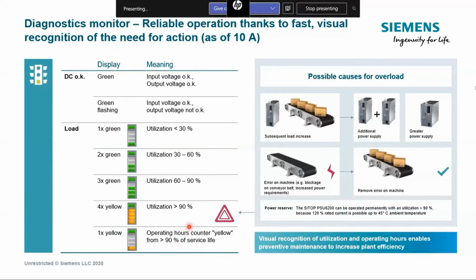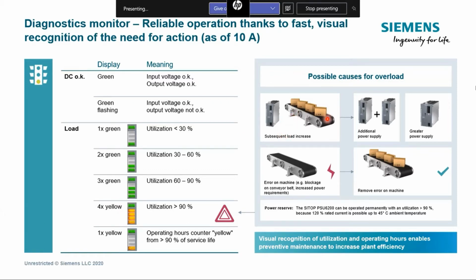And you can see here on the right the possible scenarios that we might face. If the power supply, for example, is overloaded, then maybe the power supply is supplying a machine which actually requires this load. Having this indication will get you thinking, okay, what's the issue? Do I really have a high load?